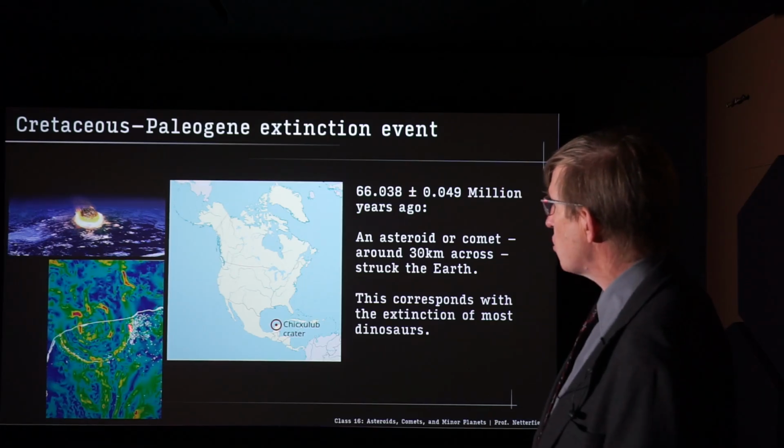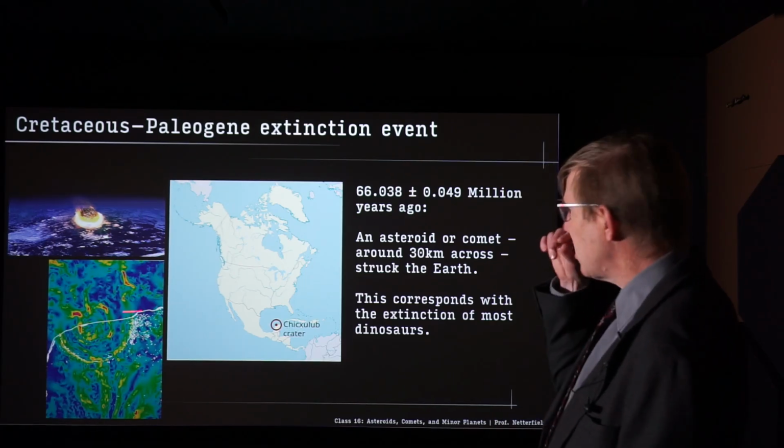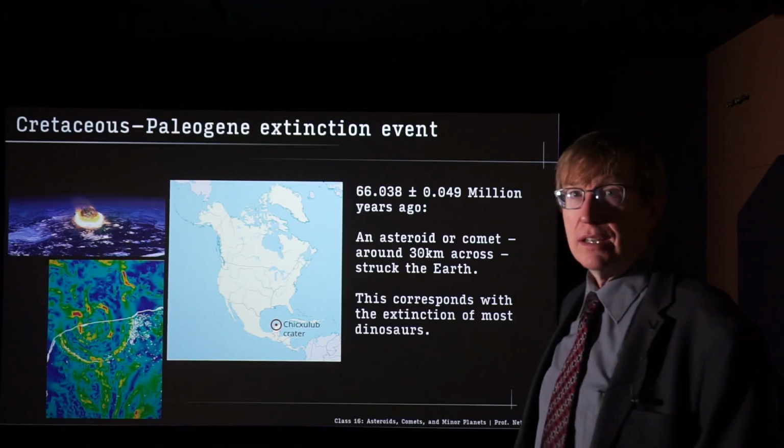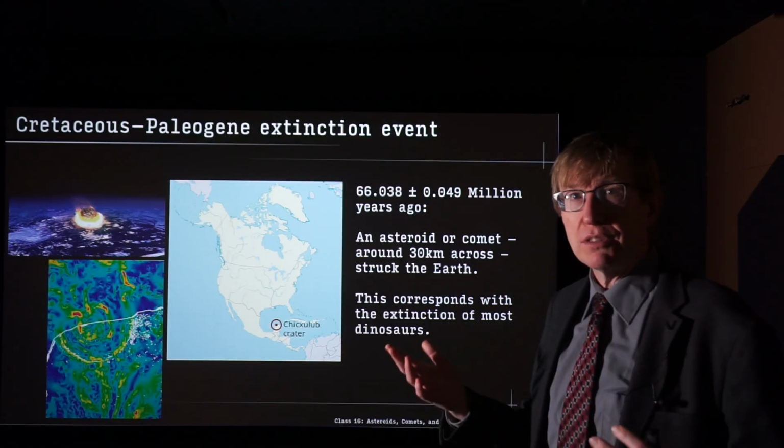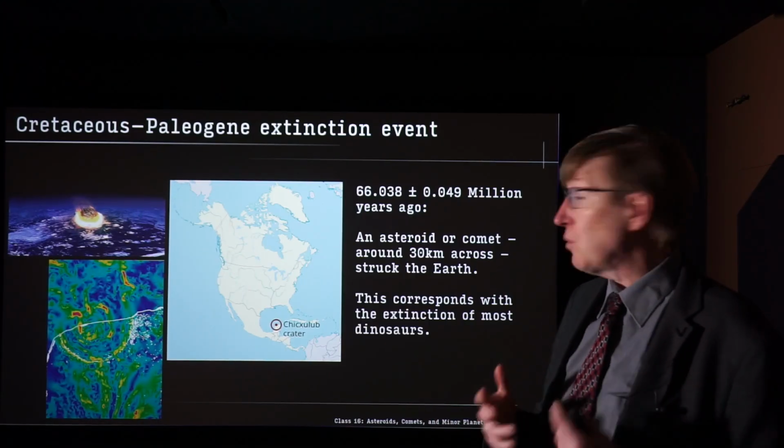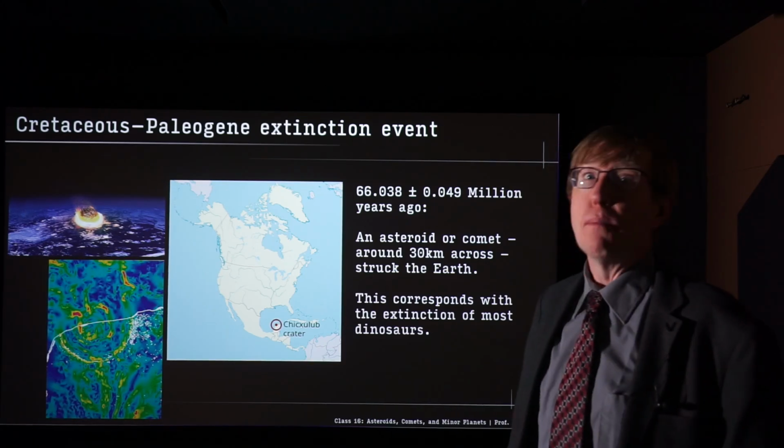So you can see the crater left in the ocean. It caused giant clouds of dirt, blocked out the sun, changed the climate, and wiped out the dinosaurs and most species on Earth.